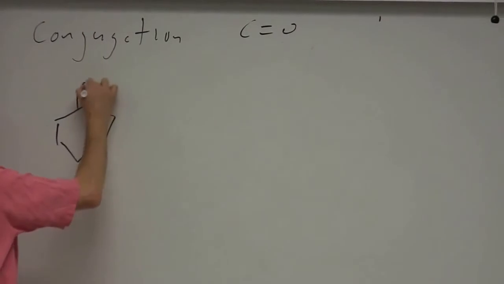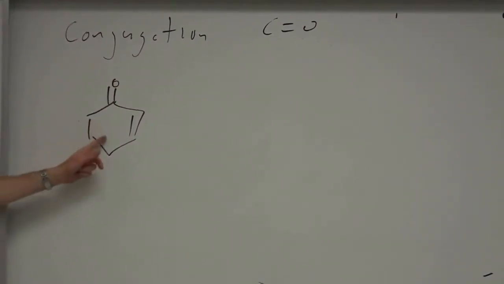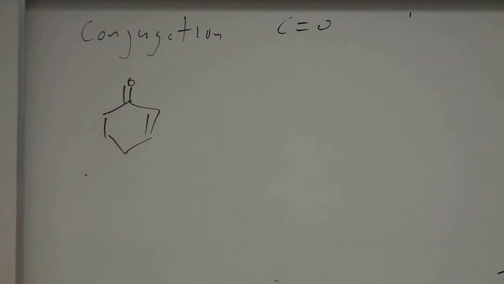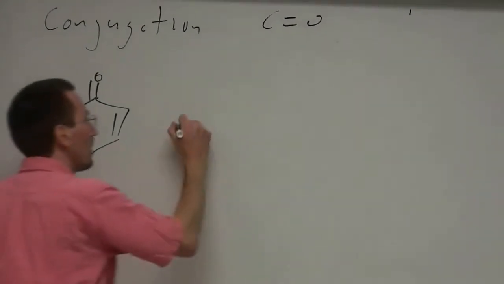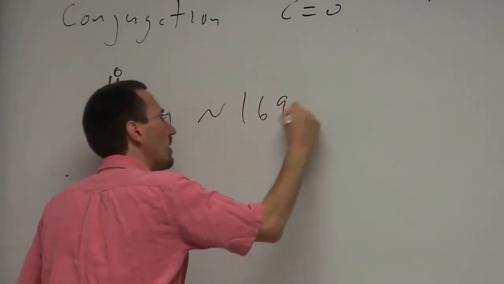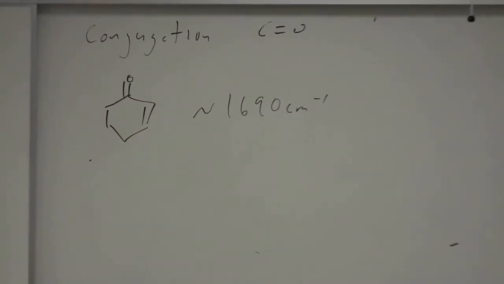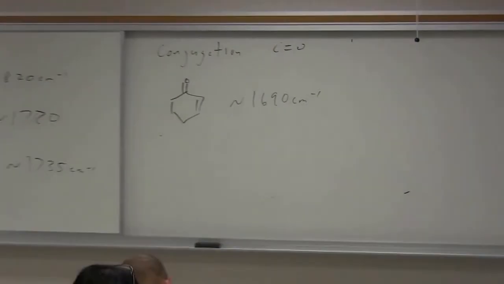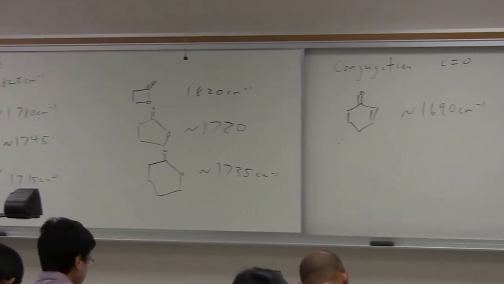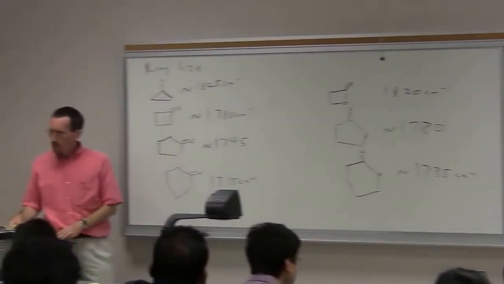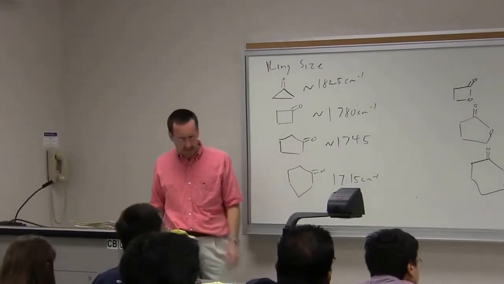So remember, a normal ketone is about 1715. If we go to cyclohexenone conjugated, we're at about 1690 wave numbers. So does that surprise us, or does that make sense?